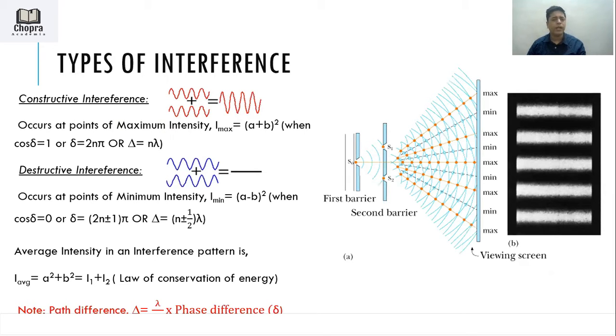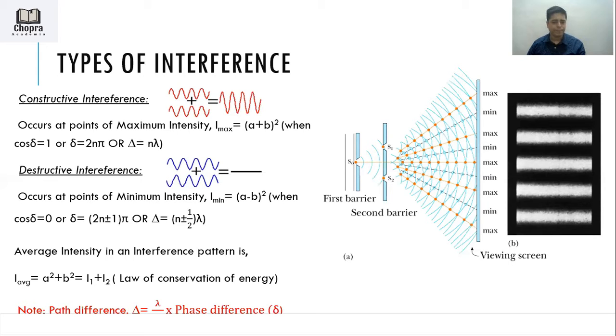It occurs at points where maximum intensity becomes (a plus b) whole square, when cos delta is equal to 1 or delta is equal to 2n pi. Now the path difference is n lambda here.